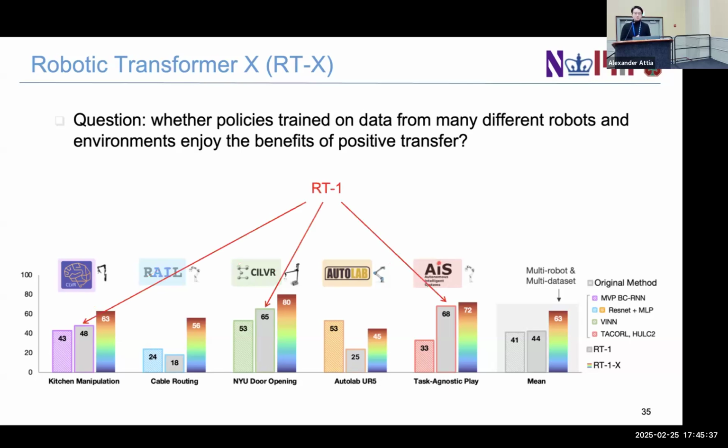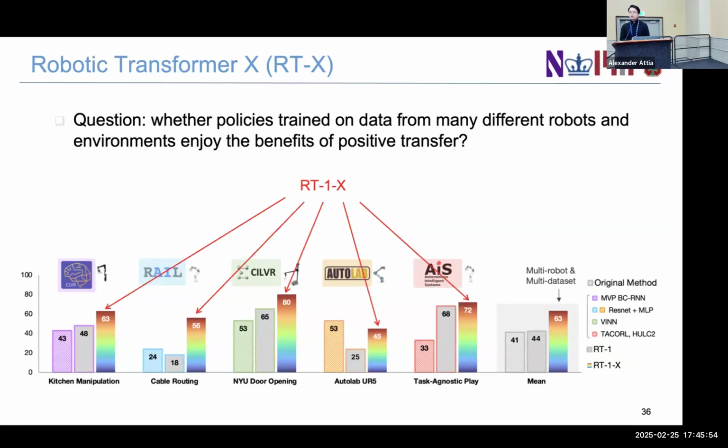Then they show the performance of RT1, which is a little bit surprising to me because for some of the tasks, RT1 actually performs better than the original methods as shown by the original authors, which I think is a positive signal. And the major lesson from this figure is that as you start to do large-scale training of RT1 with this Open X dataset, which they call the model RT1X, the performance is the best.